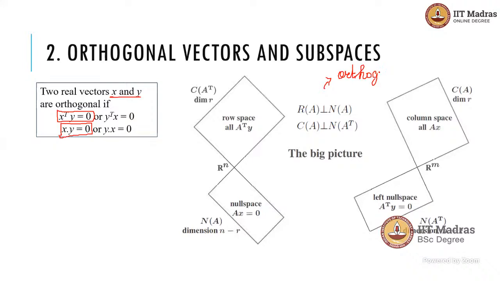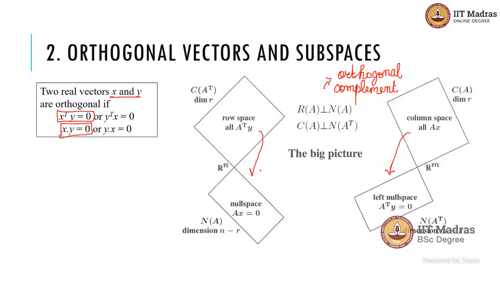When we say it is an orthogonal complement, it means that each and every vector in one subspace is orthogonal to each and every vector of the other subspace. That is why we say that the row space is an orthogonal complement of the null space of the matrix. You can also verify this with their dimensions. Similarly, the column space is an orthogonal complement of the left null space.